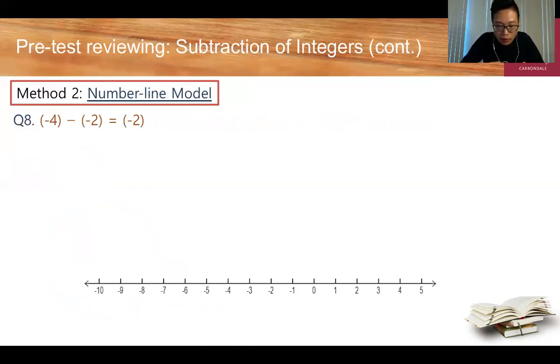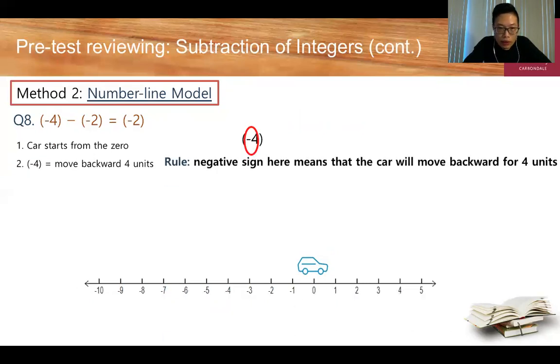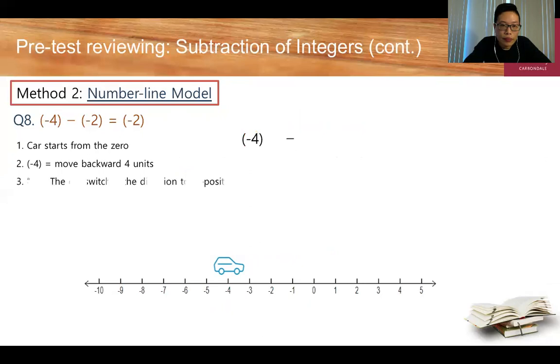Okay, let's move to the number line model. In the number line model, the car will start from 0 again. And -4 means the car will move backward 4 units. So let's move the car backward 4 units. And the minus sign means the car will switch direction. So right now we switch the direction of the car.